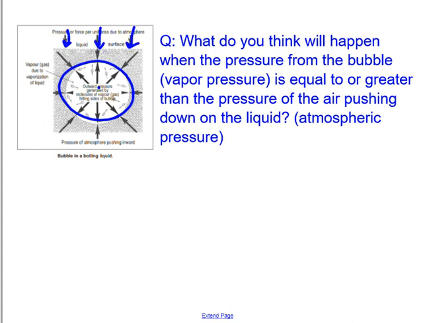At the point that the pressure being caused by the bubble, the vapor pressure, becomes equal to or greater than the pressure from the air pushing on the outside of the liquid, the atmospheric pressure, the bubble can escape. At the point where the vapor pressure is equal to or greater than the atmospheric pressure, we call this the boiling point.